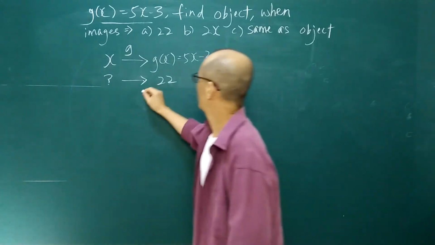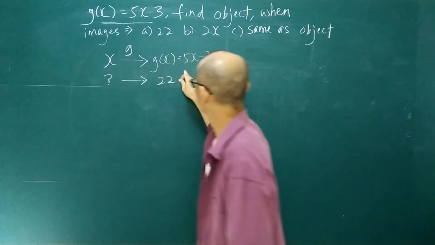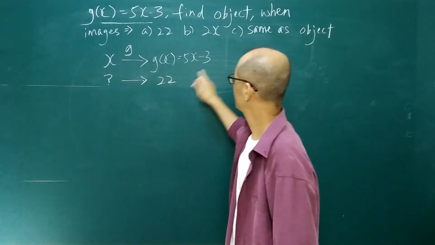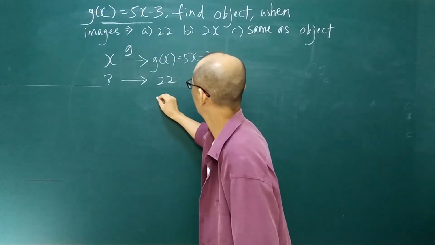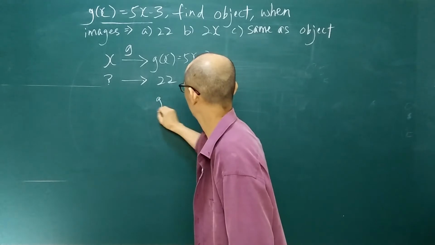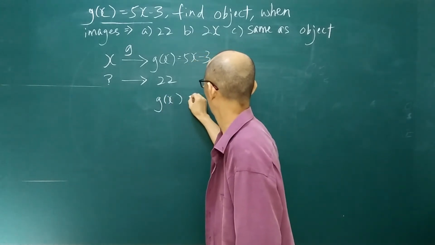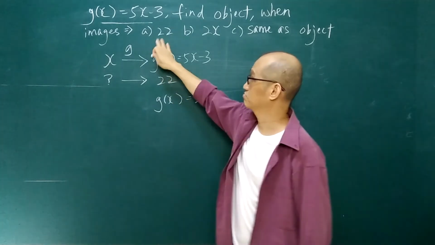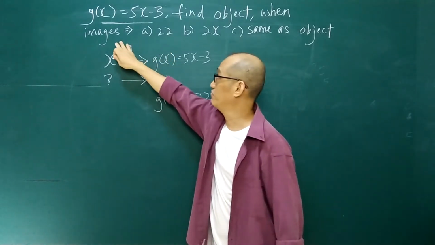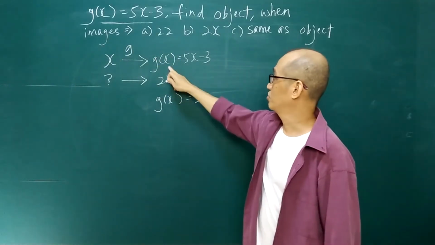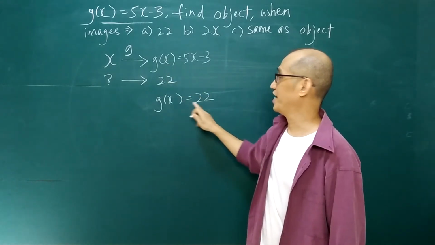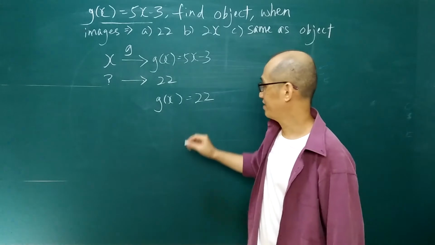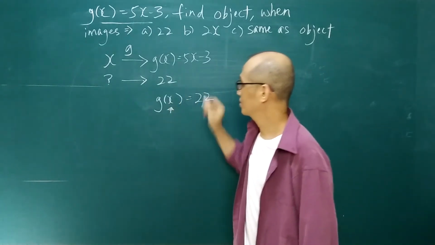Now, we are given g(x) equal 5x minus 3. So now, the image g(x) is 22, given by the question. And we want to find the object, which is the x here.